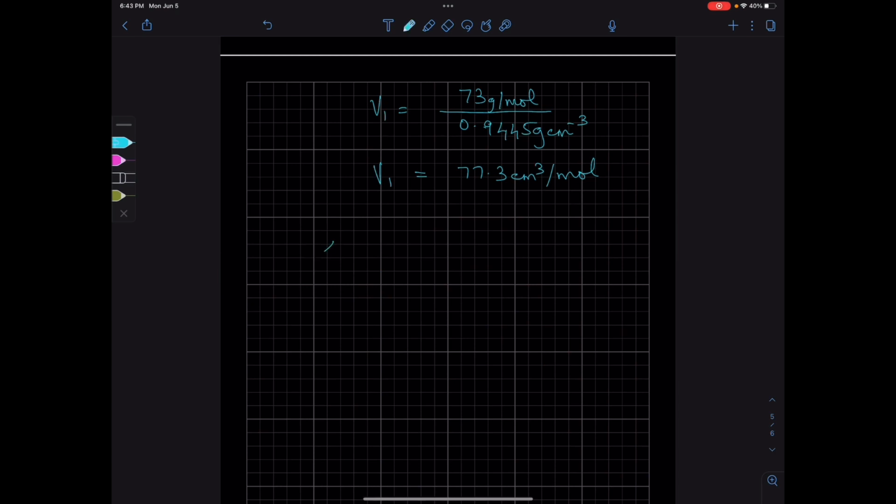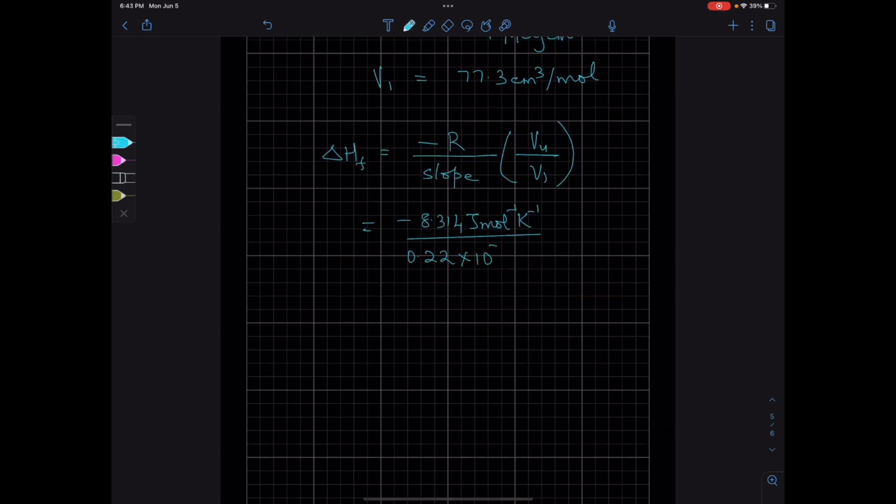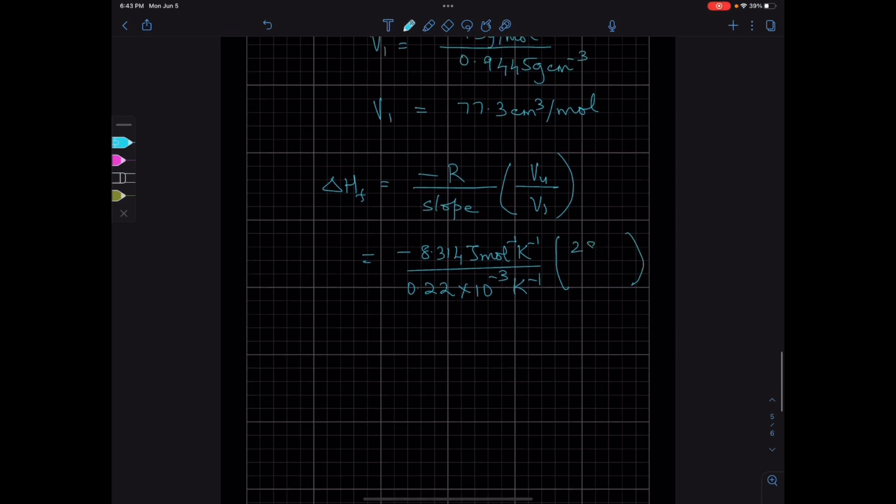So delta HF is minus R over the slope times Vu over V1, that is minus 8.314 joules per mole per Kelvin over the slope, which is 0.22 times 10 to the negative 3 per Kelvin, times Vu, 287 centimeter cube per mole over 77.3 centimeter cube per mole.